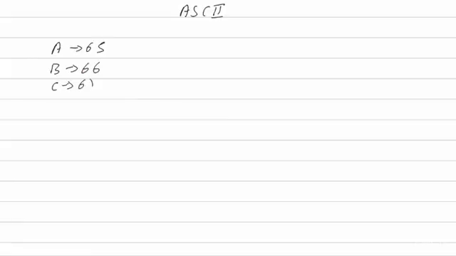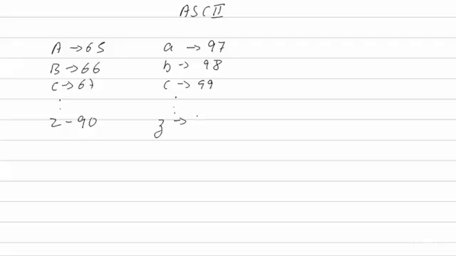C is 67. This goes up to Z, which has an ASCII code of 90. Same if you take lowercase a, it has 97. Lowercase b is 98, lowercase c is 99. Like that, lowercase z goes up to 122.